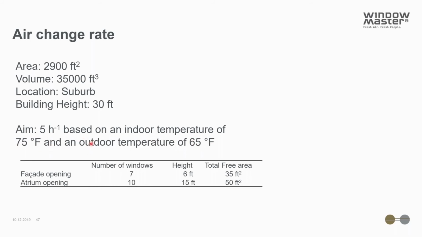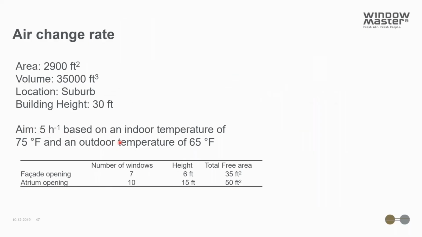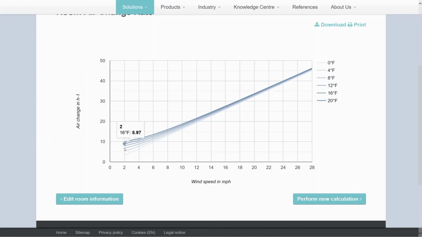So that's, of course, a temperature difference of 10 degrees Fahrenheit. And if we look at the calculator, it's between 6.7 and 7.9. So in relation to the 5 times per hour, it achieves our goal.